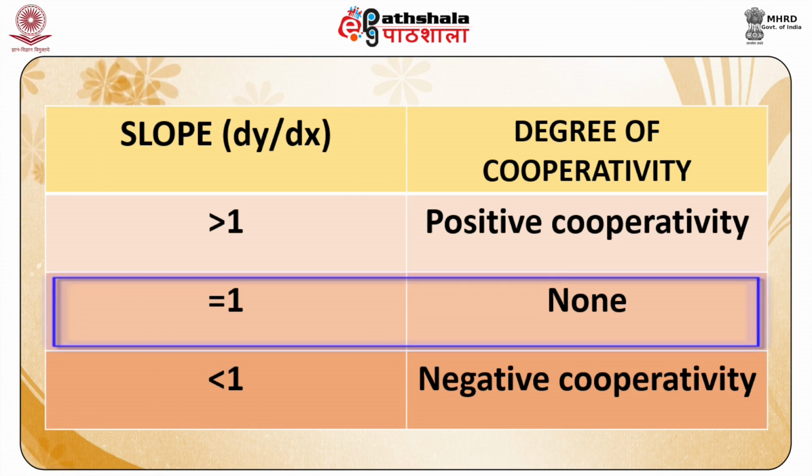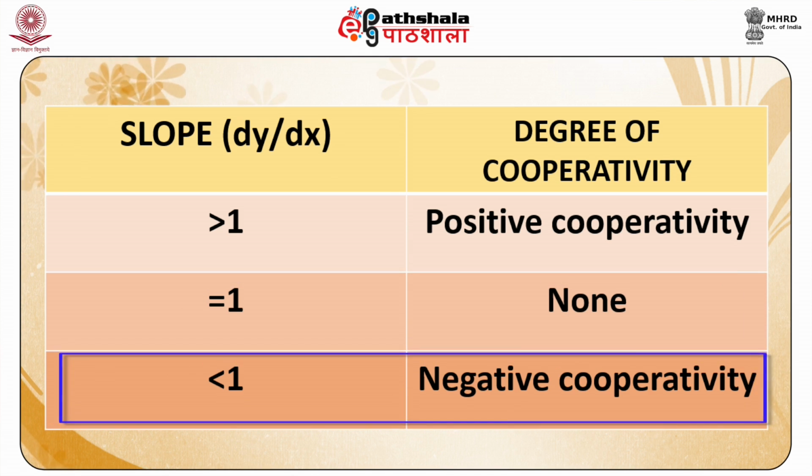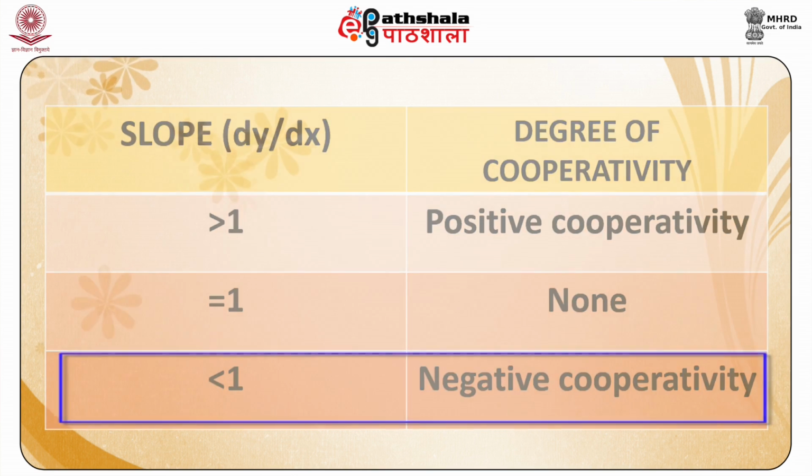That is, the affinity of the protein for a ligand molecule is not dependent on whether or not other ligand molecules are already bound. If, however, the slope is less than 1, we have negative cooperativity. That is, once one ligand molecule is bound to the protein, its affinity for other ligand molecules decreases. Negative cooperativity is very rare.